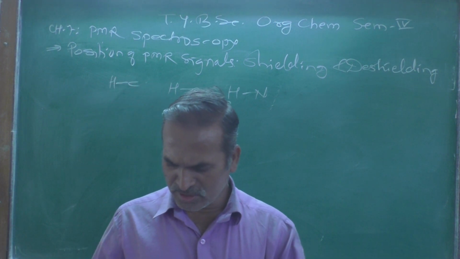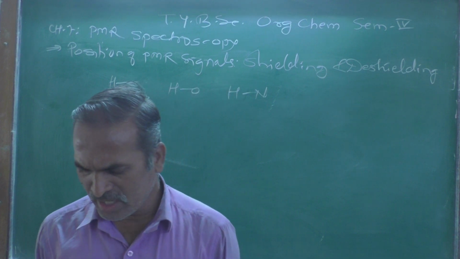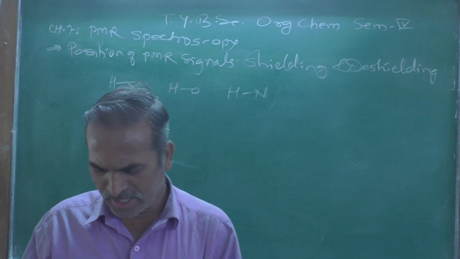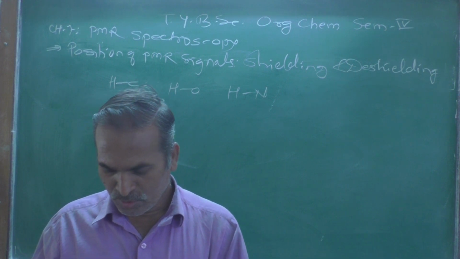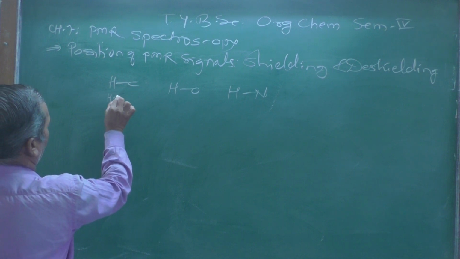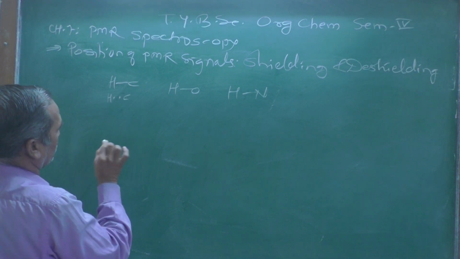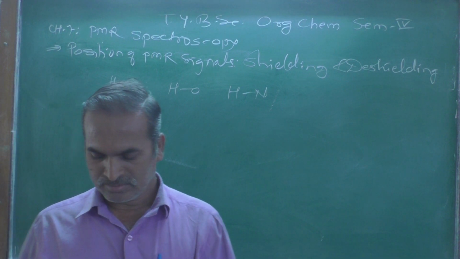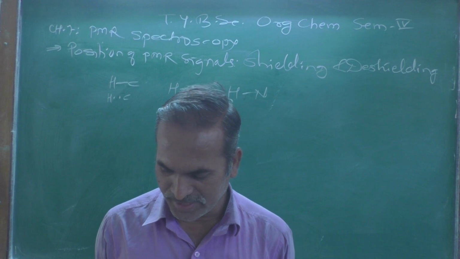The proton therefore is always surrounded by a bonding pair of electrons, and this bond is nothing but a sharing of electrons, meaning a bonding pair of electrons.